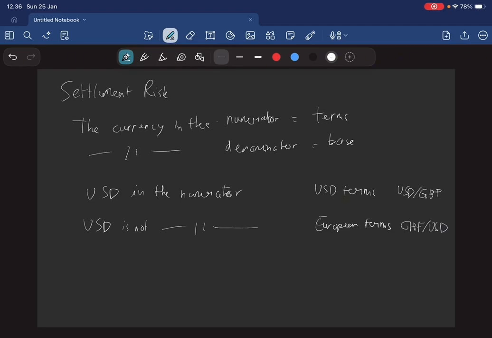When speaking of one currency in terms of another, the base currency is usually stated first. So like this one, we call it sterling dollar. Or this one, we call it dollar Swiss.